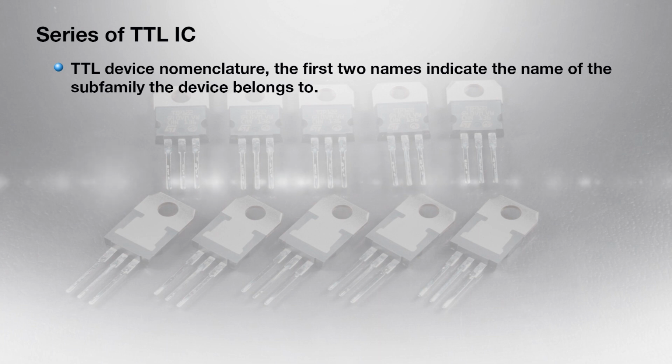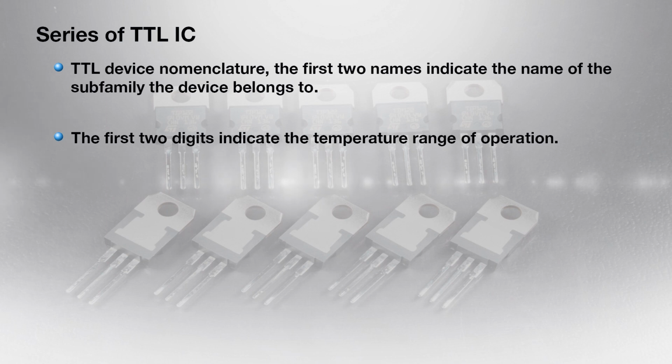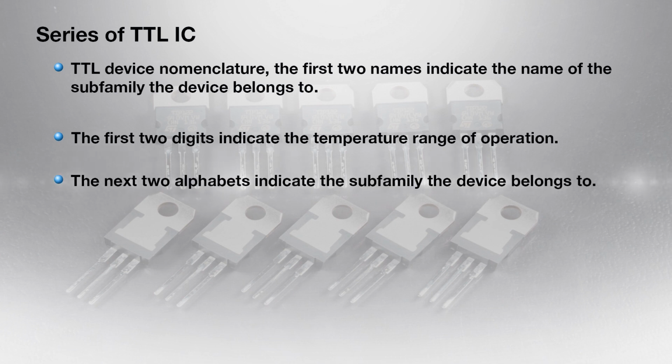TTL device nomenclature: the first two digits indicate the temperature range of operation. The next two alphabets indicate the subfamily the device belongs to.